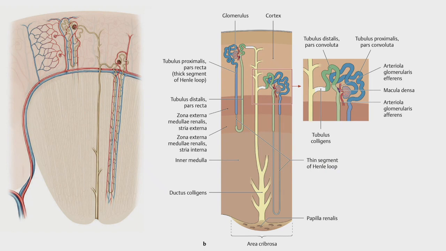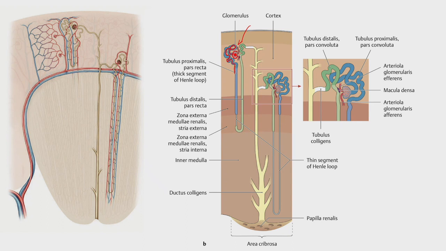Here is a nicely described structure. So this is glomerulus, in which the urine is created. Then the primary urine is going into the tortuous proximal part of the tubule.